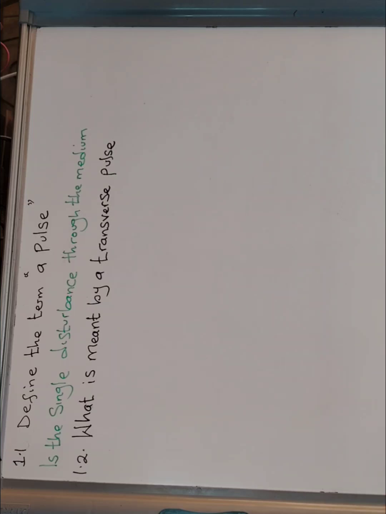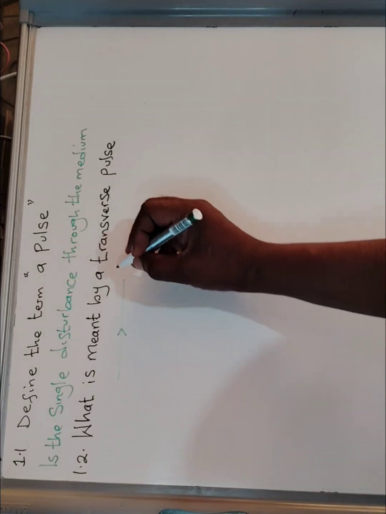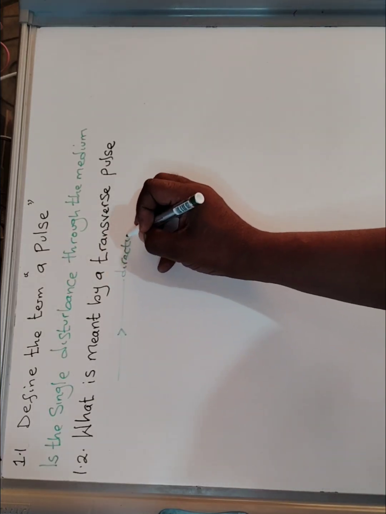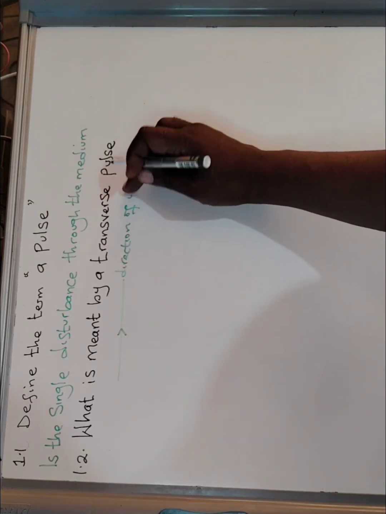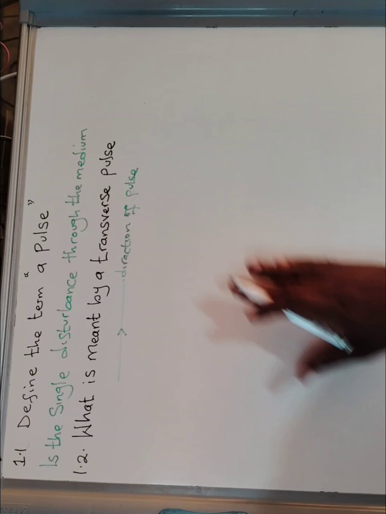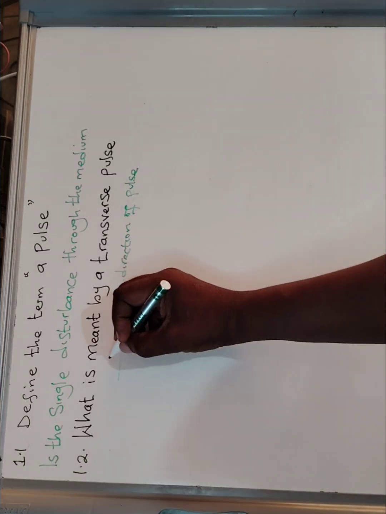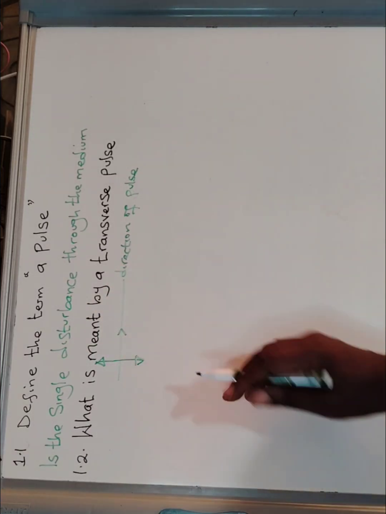What do you call direction of propagation of the wave? It's the direction of the wave. So in other words, as the wave moves, the particles are moving at right angle or perpendicular to the direction in which the wave is moving. In other words, this is what I want you to understand, that if you have this one as the direction of wave or direction of pulse, or sometimes called direction of propagation of the pulse, then the particles of the medium in which the pulse passes are moving perpendicular.